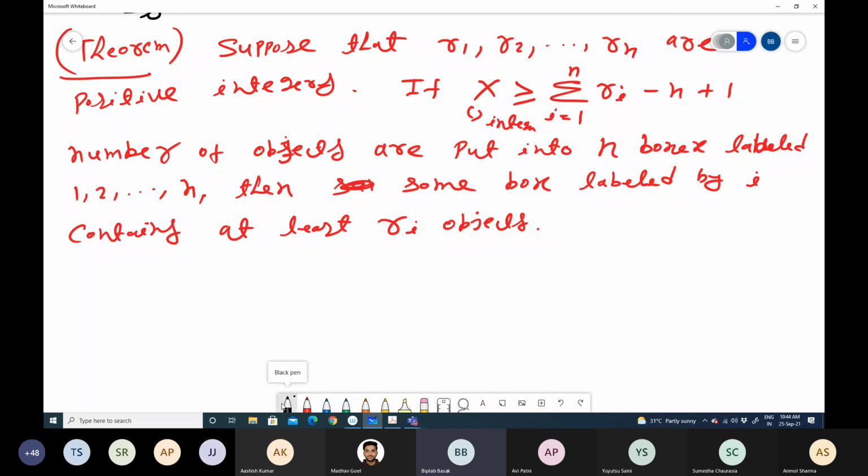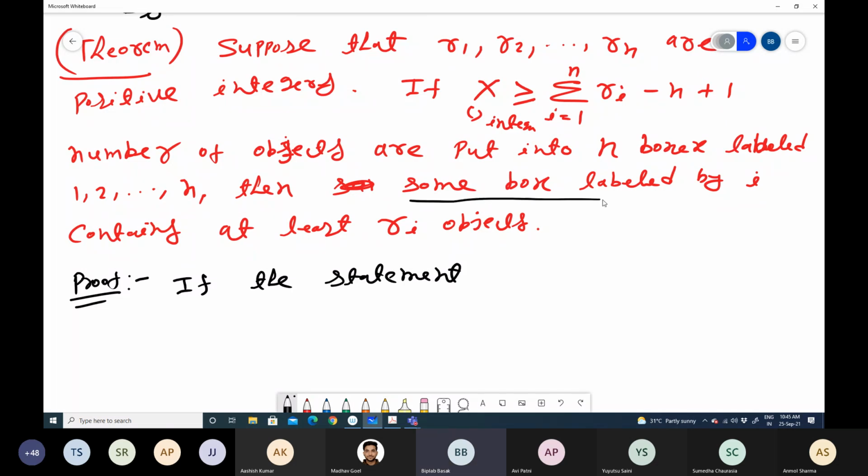Now again the proof is very simple. Again you can prove by contradiction. So if the statement, what is the statement? This one is not true.